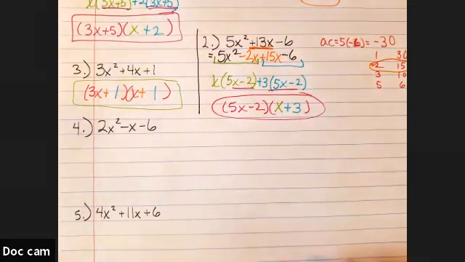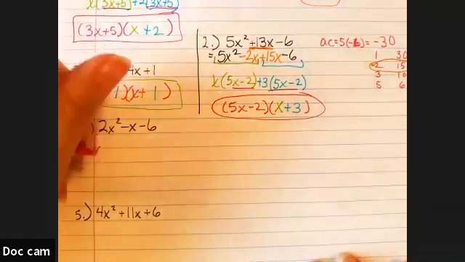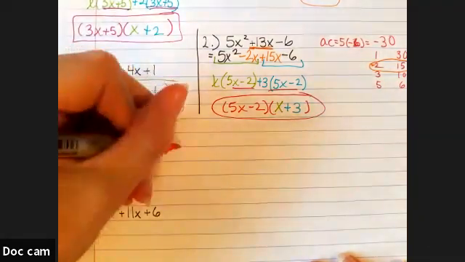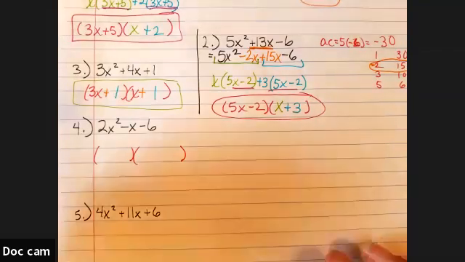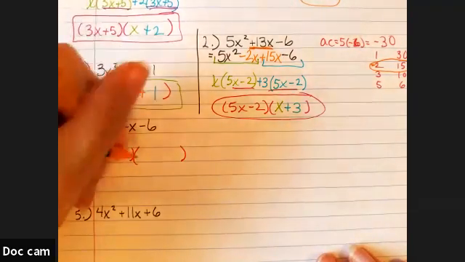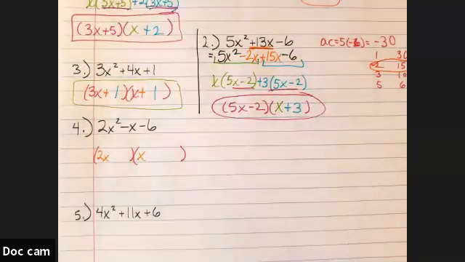So first of all, I know I would need 2 sets of parentheses, like so. And then the only 2 numbers that can multiply to 2 is 2 and 1. So you'd basically have to have 2x and x like that. Okay. Now there's some other sort of variable things happening here.